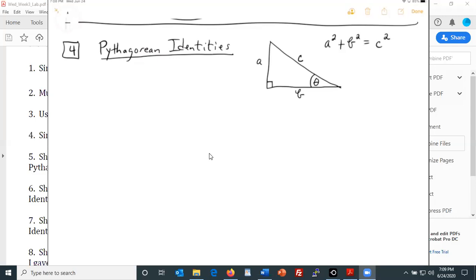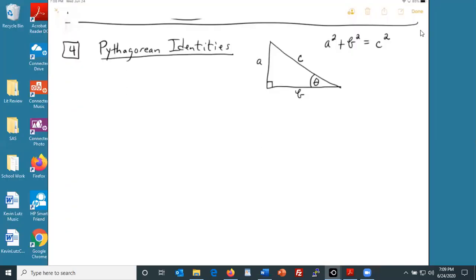Side squared plus side squared is the hypotenuse squared, and c is the hypotenuse in this problem. Now, that's not the Pythagorean identity. That's the Pythagorean theorem.